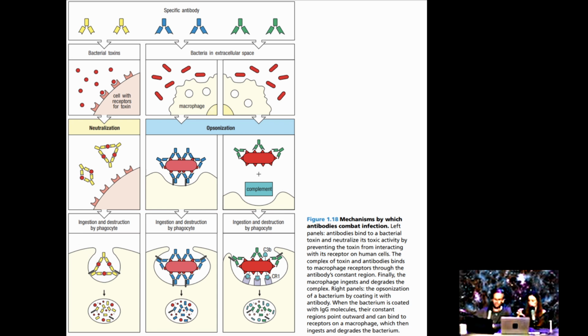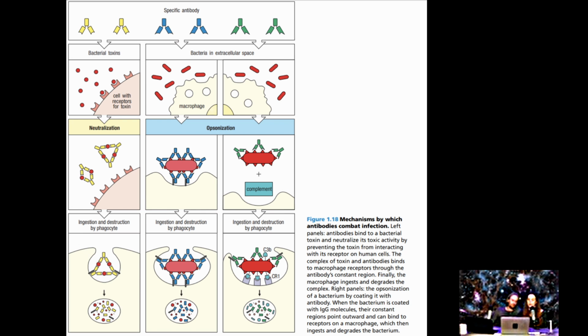So they're able to bind to the toxin, they're able to create a complex that is large enough and recognizable enough for another cell, like a phagocytic cell, to grab onto and to ingest and to digest, thereby getting rid of the toxin. It's basically like mopping up when there's something bad that's in the body.